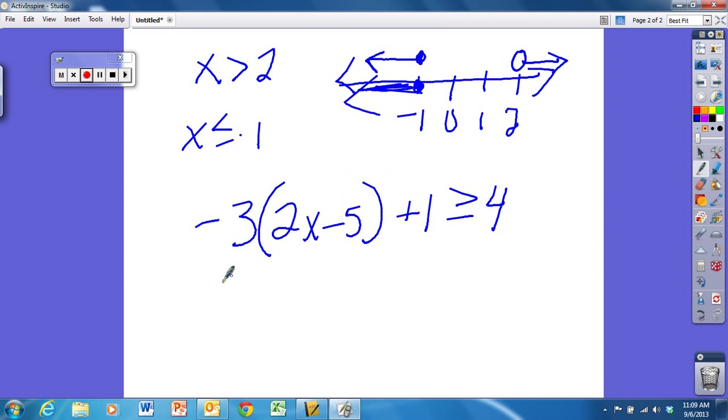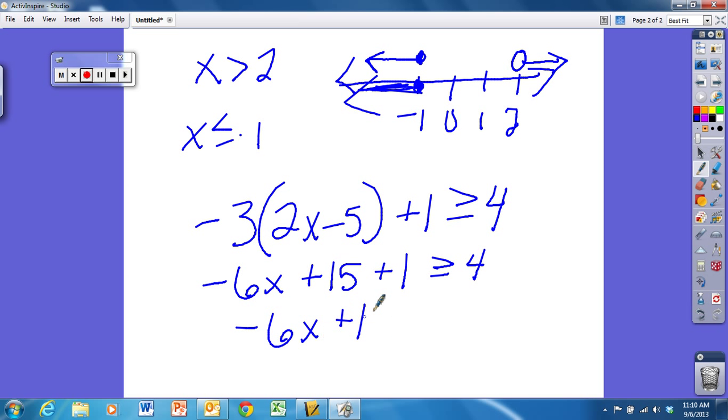You distribute the negative 3, so you get negative 6x plus 15 plus 1 is greater than or equal to 4. Now this plus 15 is a little confusing. It's negative 3 times negative 5, so that's a positive 15. So when we combine like terms here, we have negative 6x plus 16 is greater than or equal to 4.